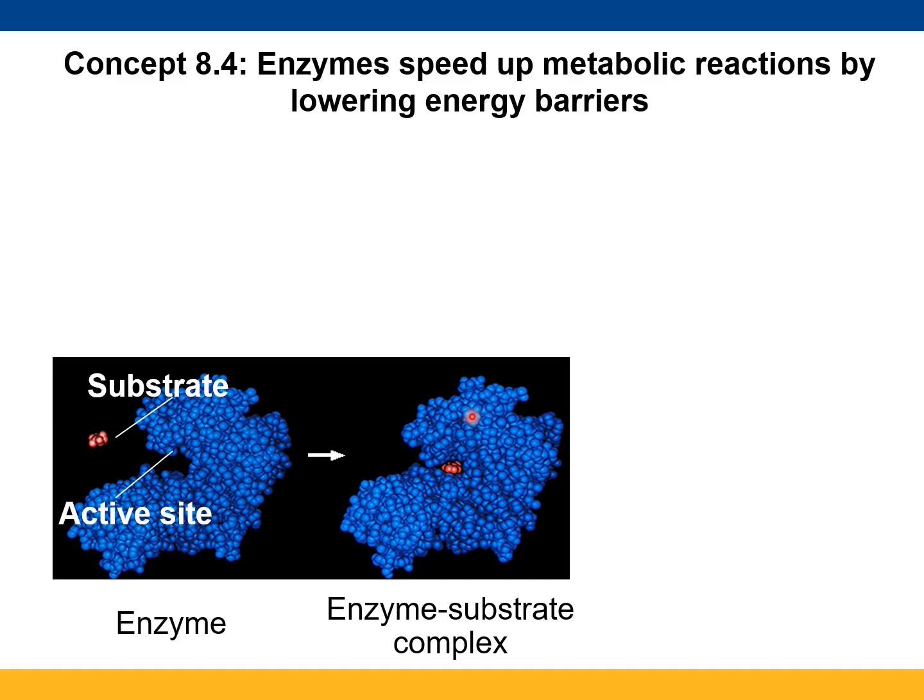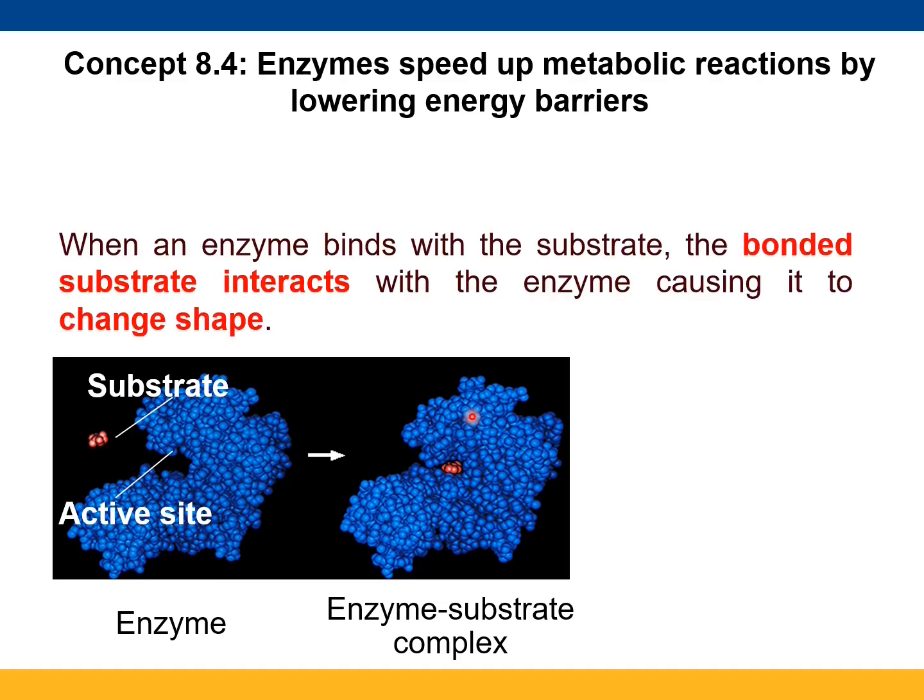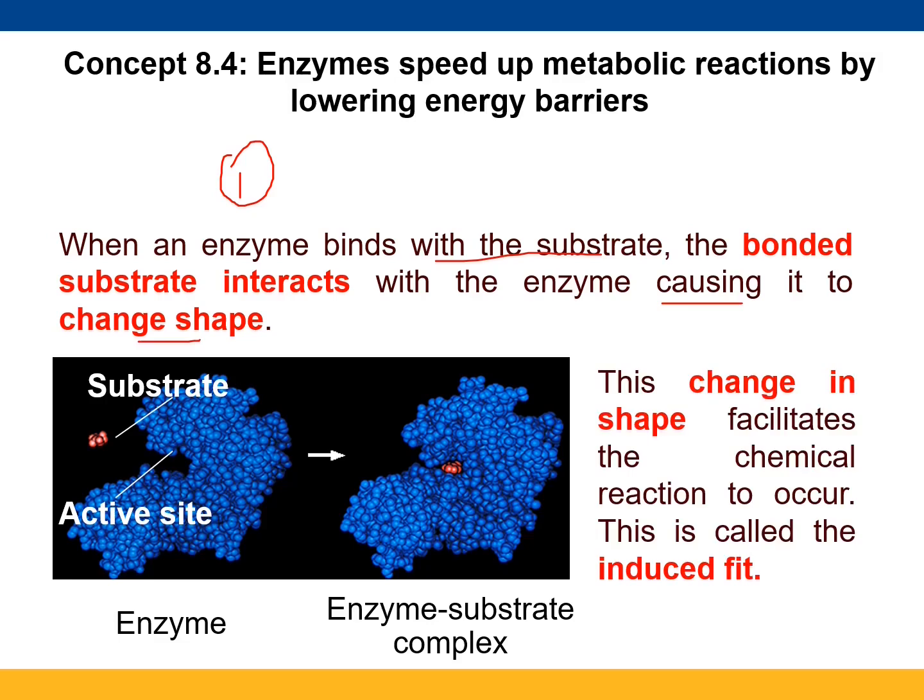This is called an induced fit. So remember that the enzyme binds with a substrate and that this causes a change in shape of the enzyme. Also remember that this change in shape allows the reaction to occur. And finally, that this is called induced fit.